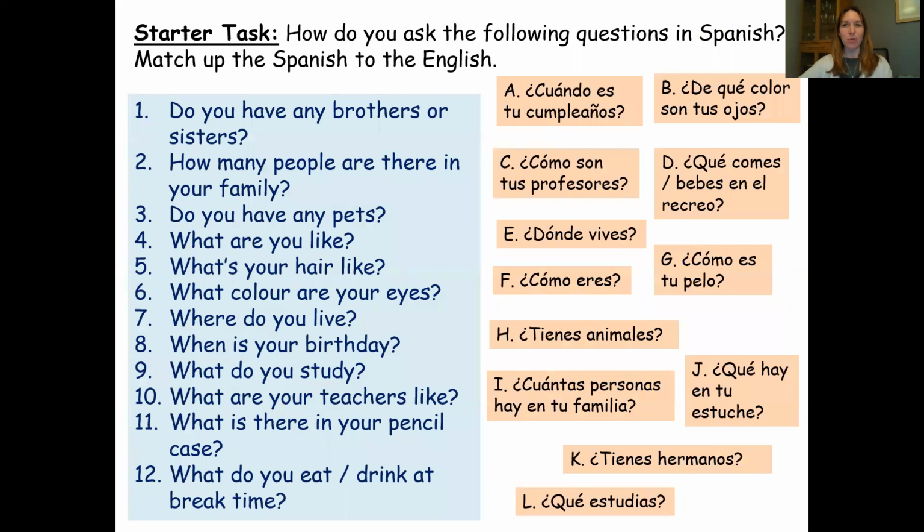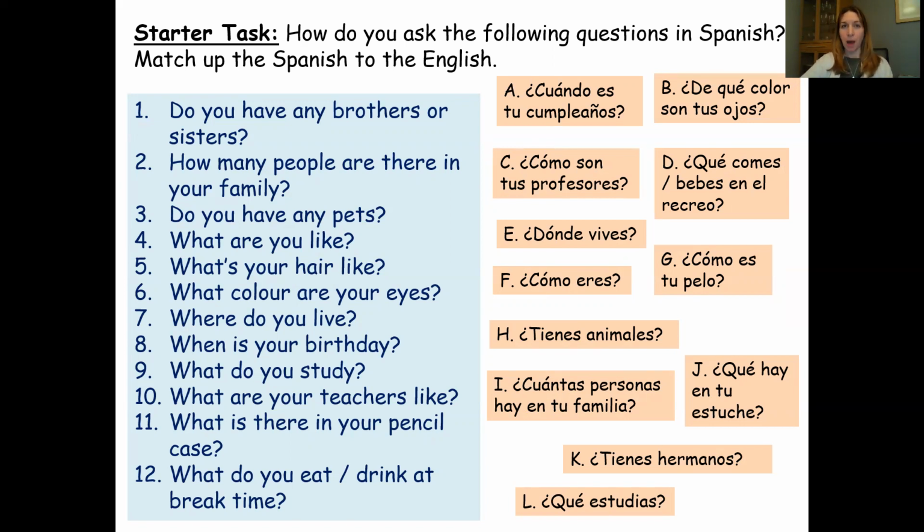Entonces, empezamos, let's start with a starter task. I would like you to do a match-up activity. So how do you ask the following questions in Spanish? There are lots of questions because we're covering some of the main topics from the last 3 terms. So 12 questions there with the translation in Spanish in the orange on the right-hand side.